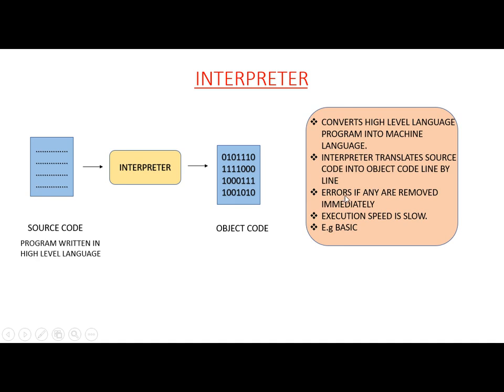As they are generated in each line, they need to be removed immediately. One more feature of interpreter is that execution speed is slow. Interpreter is slow as compared to compiler, which we will study next. One example of interpreter is BASIC; the BASIC language uses an interpreter.